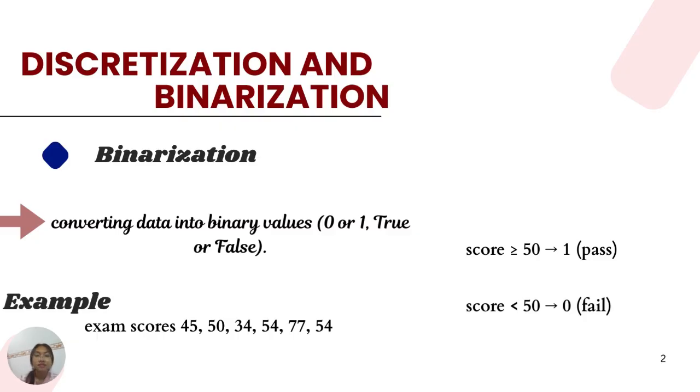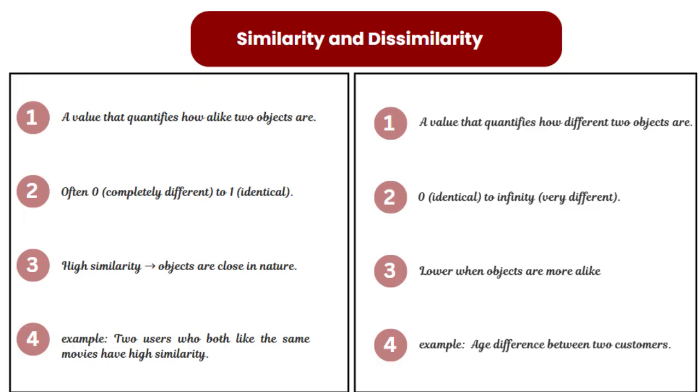So next, let's dive deeper into similarity and dissimilarity. On the left-hand side is similarity, which is a value that quantifies how alike two objects are, a numeric measure of how similar two objects are. Typically, a similarity metric yields a score between 0 and 1, where 0 means no similarity, completely different, and 1 means perfect similarity.